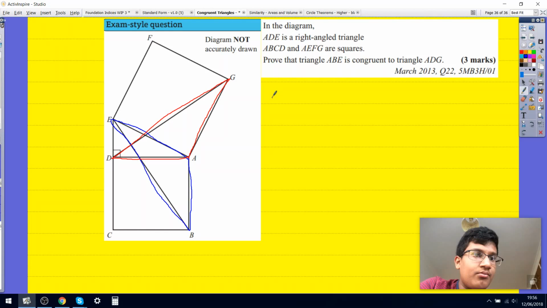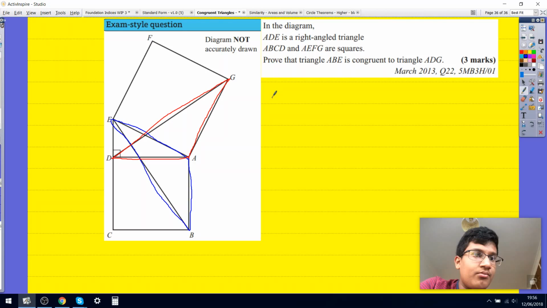So we're trying to show BE? Yeah, BE is the hypotenuse there. And then DG is not the hypotenuse in any triangle. You could extend it down, so you could make another right angle triangle with that, and then try and prove why they would be congruent.